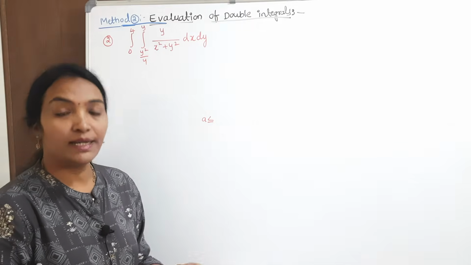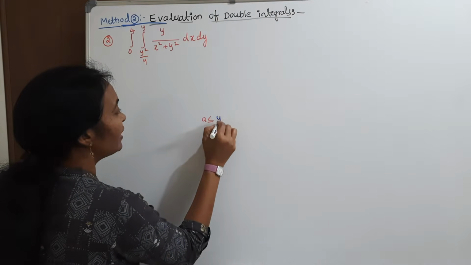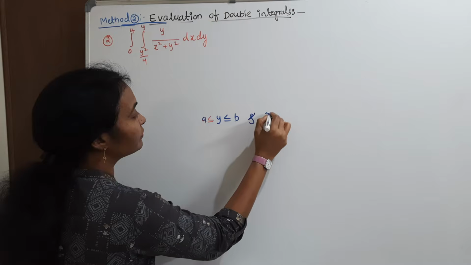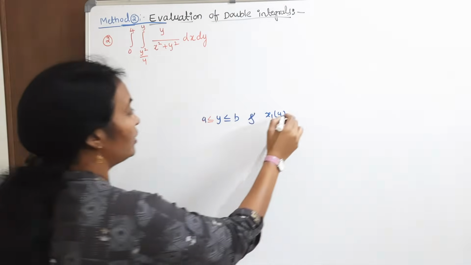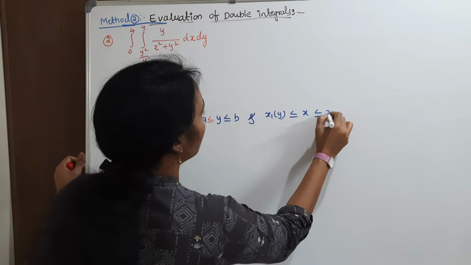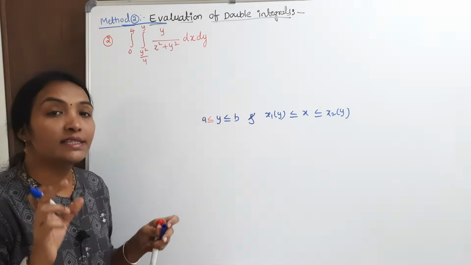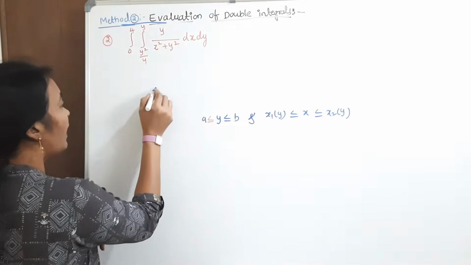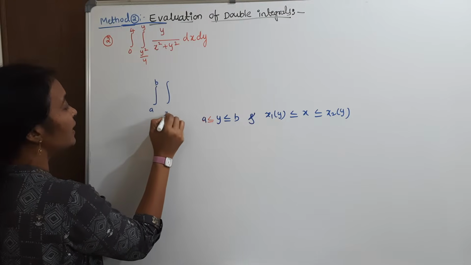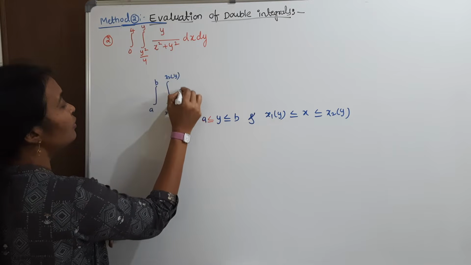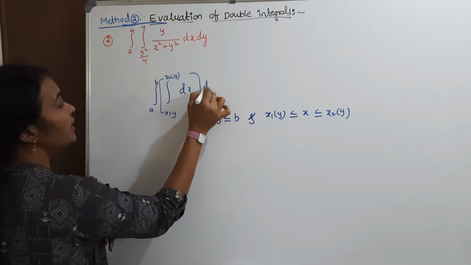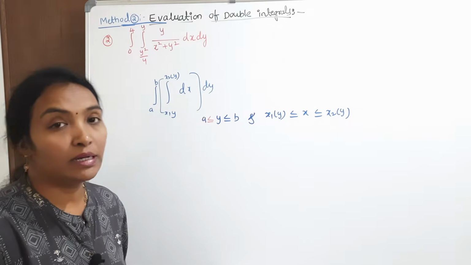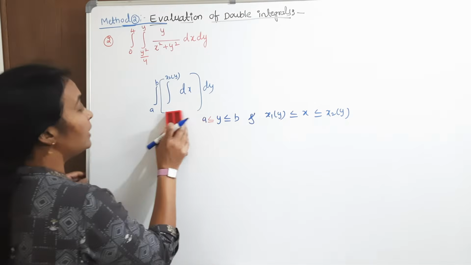Y limits are constant, x in terms of y, which means y varies from a to b and x varies from x1(y) to x2(y). When the x limits are in terms of y and the y limits are constant, first integrate with respect to dx. After that integrate with respect to dy. This is the concept. If you have not seen my video, I explained the concept in the first multiple integral video, so don't waste it.